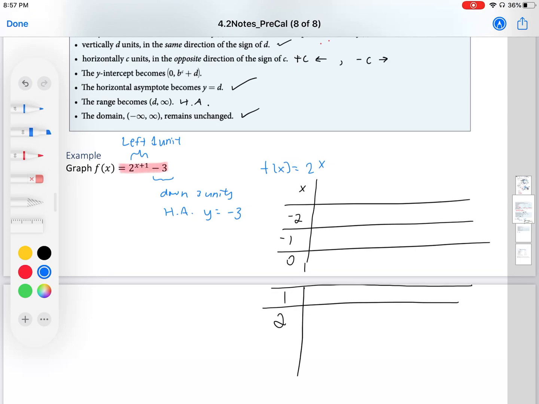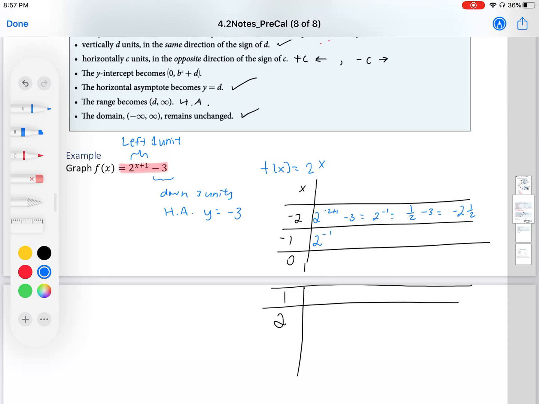Let's put in that value for x. So we have 2 raised to the -2 plus 1, minus 3. Okay, so I have 2, my exponent is now -1, so that I have 1/2 minus 3. That gives us -2 1/2.